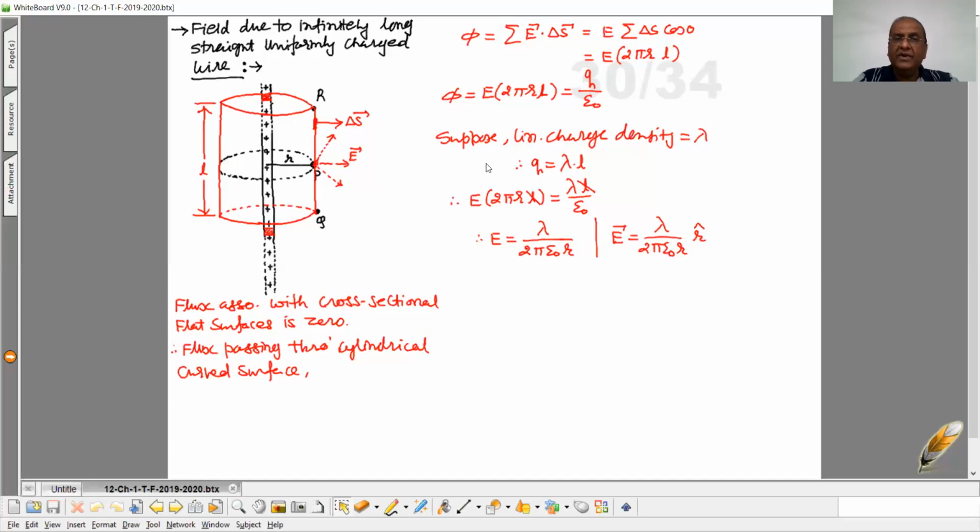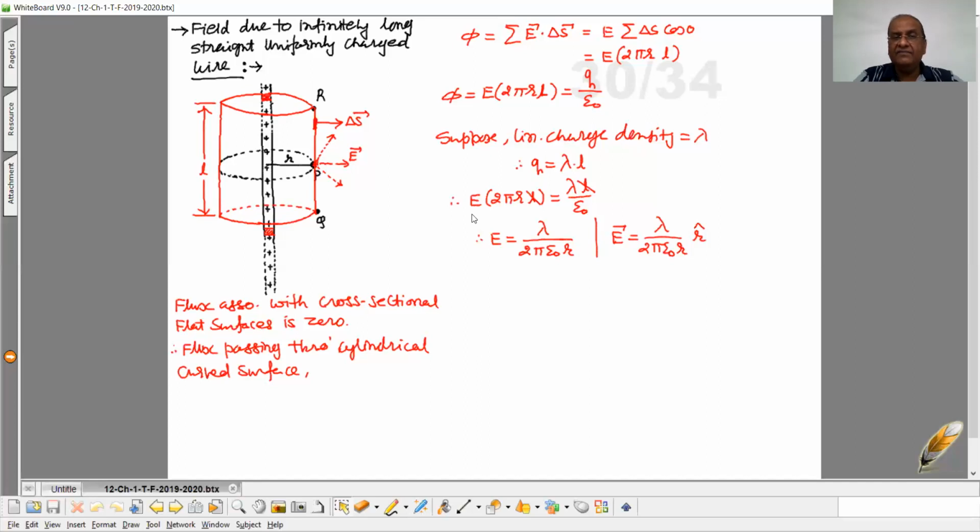So here we can write now, this particular charge enclosed by the surface, how much is that? Here the charge per unit length of the wire is lambda, then charge on the length L, because the length of the cylinder under consideration is L. So charge enclosed by the cylinder is the charge residing on L length of the wire. So charge per unit length is lambda, therefore charge on length L is how much? So Q is lambda into L.